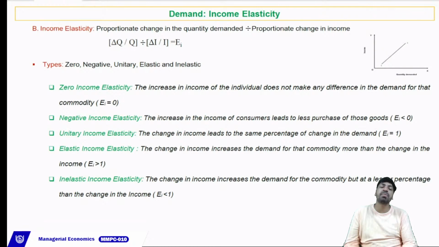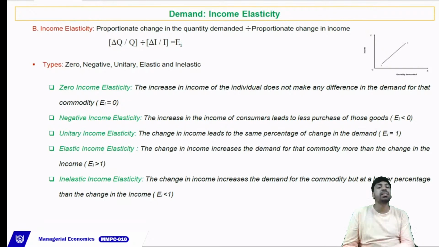Mathematically, it is the ratio of the proportionate change in quantity demanded to the proportionate change in income: change in Q by Q divided by change in income by income. The symbol is EI, where I stands for income and E stands for elasticity.